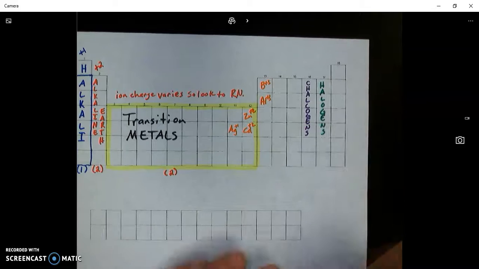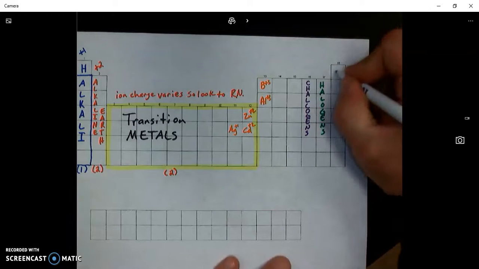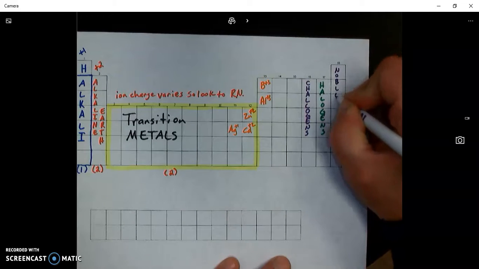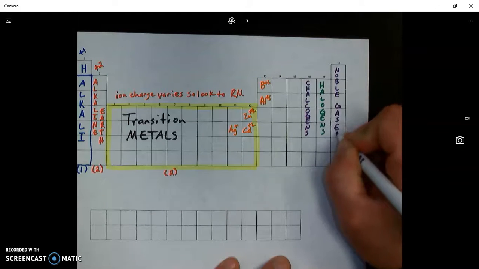H-A-L-O-G-E-N-S. And our last group here are the noble gases. The noble gases.